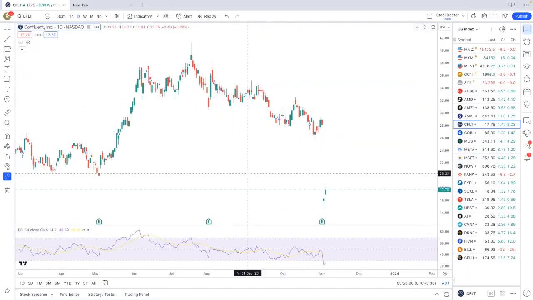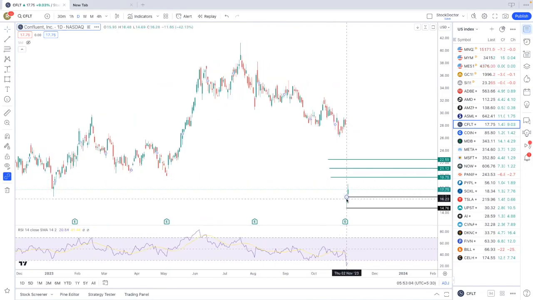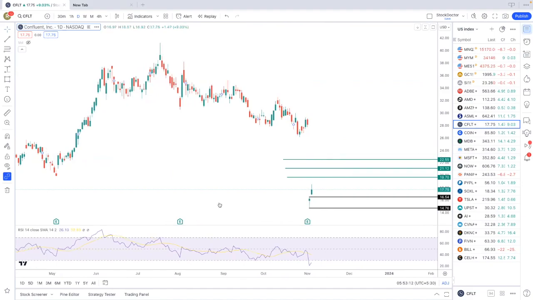Now we will talk about CFLT. So CFLT, after the earnings, gave a big downside of almost 42% here. Okay, so after it opened with a gap down, it created a hammer and it is trying to go up, and this pattern looks good to go up for 19.70, 21.10, and 22.50.